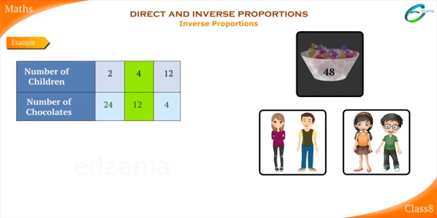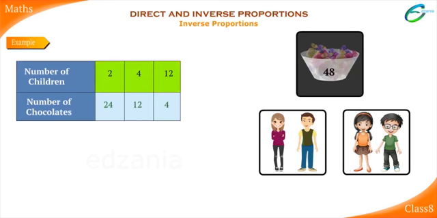Observe that as the number of children got doubled, the number of chocolates that each child gets is divided into half. Similarly, as the number of children increased from 4 to 12, that is 3 times, the number of chocolates that each child gets decreased to 4, that is 1/3.